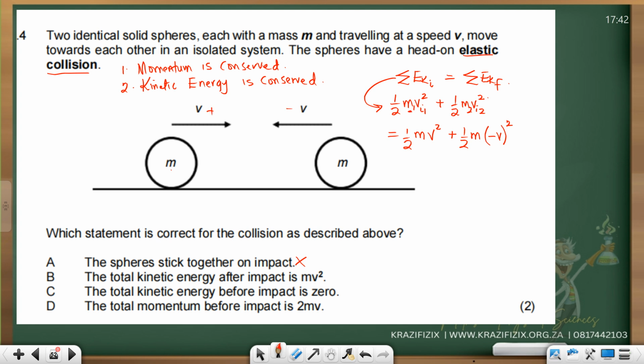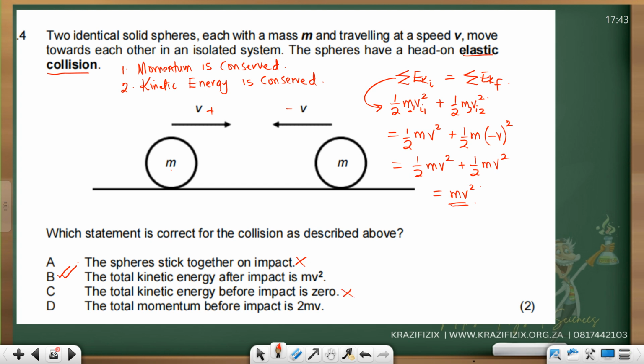That gives us half mv squared plus half mv squared. Half plus half is 1. And if that is before, it is also the same as after because it is conserved. Answer is B.